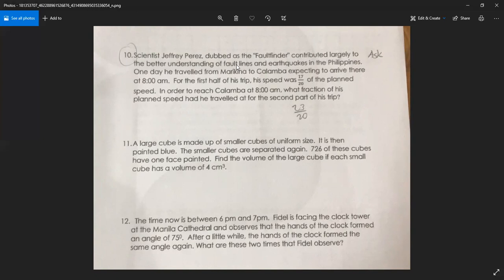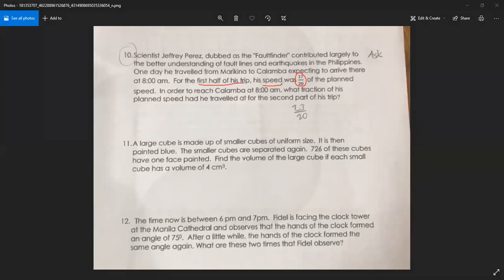The places and the time given here are just confusers. What you need to do here is to focus on the first half of the trip and 17 over 20 of his planned speed. That is the only thing that we need to focus on here.